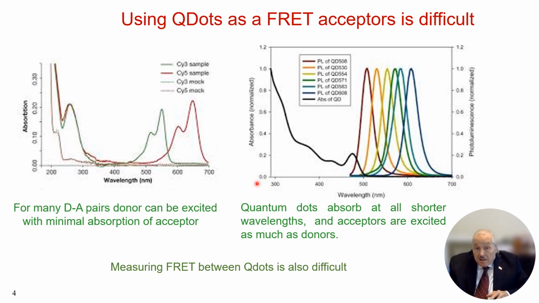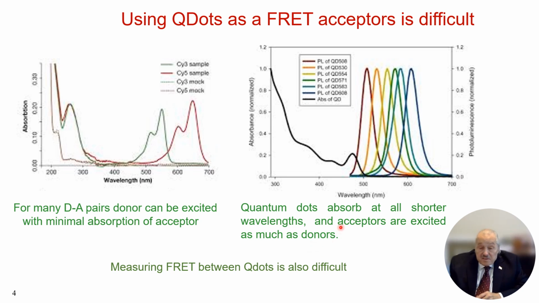Using quantum dots as FRET acceptors can be difficult. The reason for this is that quantum dots absorb at all wavelengths shorter than their emission maxima. So if you want to use one of these particular dyes here, no matter where you excite it, it's likely going to fall into where the quantum dots are also absorbing.